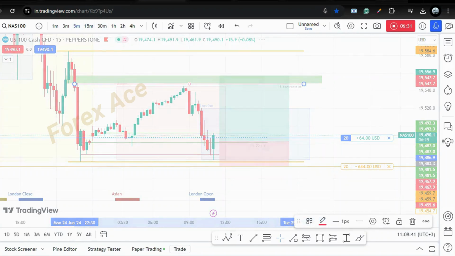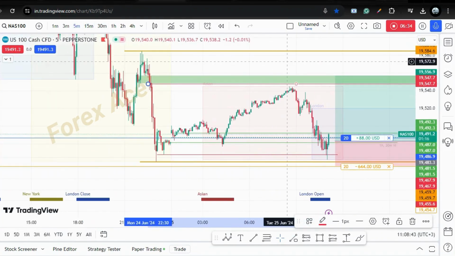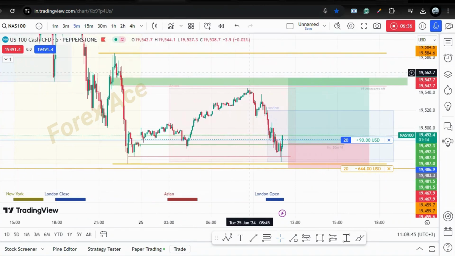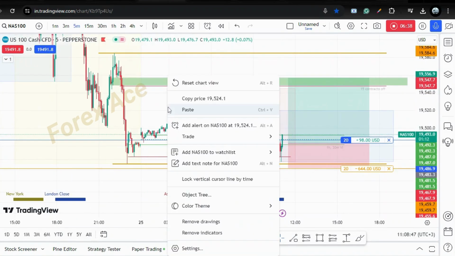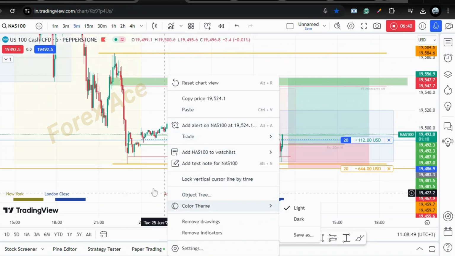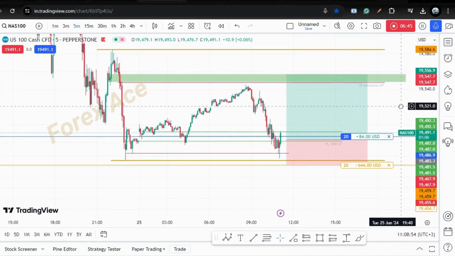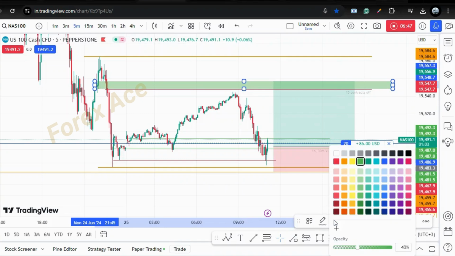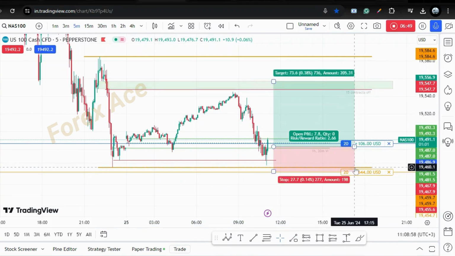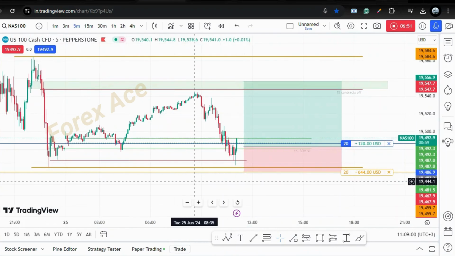So we're going to monitor the trade on the 5 minutes time frame, so I can remove all these distractions. I'm going to remove the indicator for now. And I'm going to reduce the opacity of this so that we can clearly see the price.